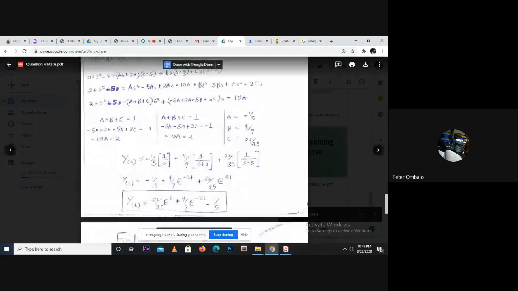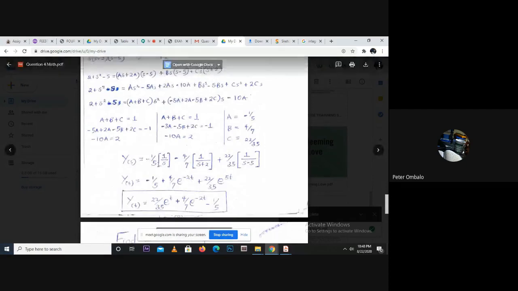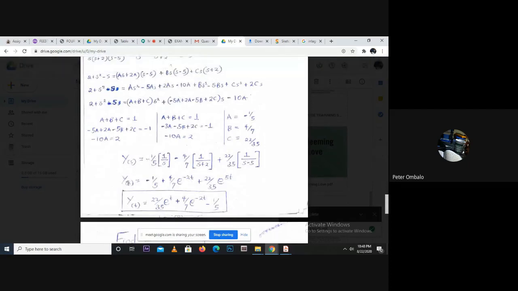Now it looks clean because we have things that we can find the inverses of from the Laplace table. So the inverse y of t now, getting back to the time domain, the Laplace inverse of 1 over s is basically a 1. So negative 1 over 5 plus, why is this a minus?